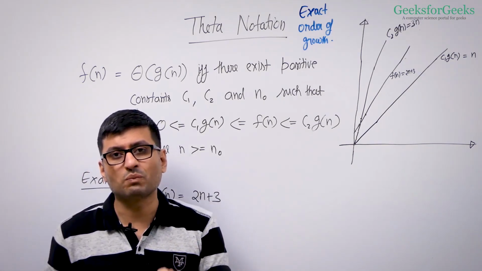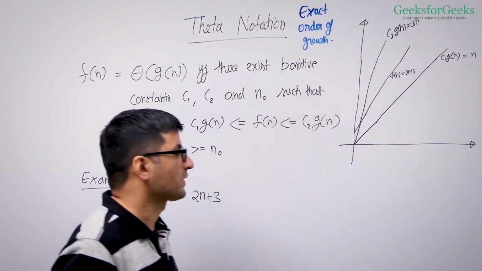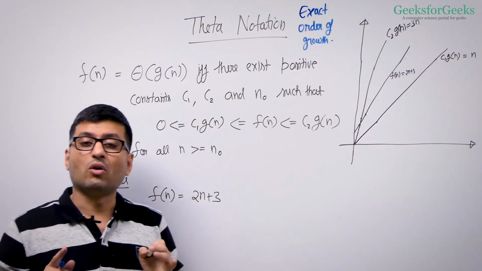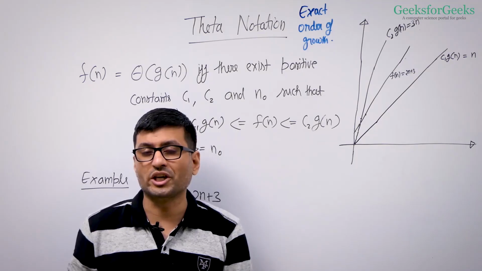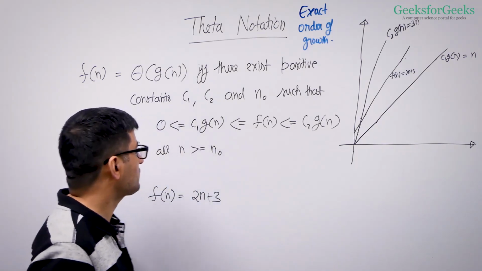We only talk about positive values here, the first quadrant of our 2D coordinate system. That's what we did in big O and omega also. Also, we talk about large values of n, when n tends to infinity. What is the status of order of growth when n is really large?